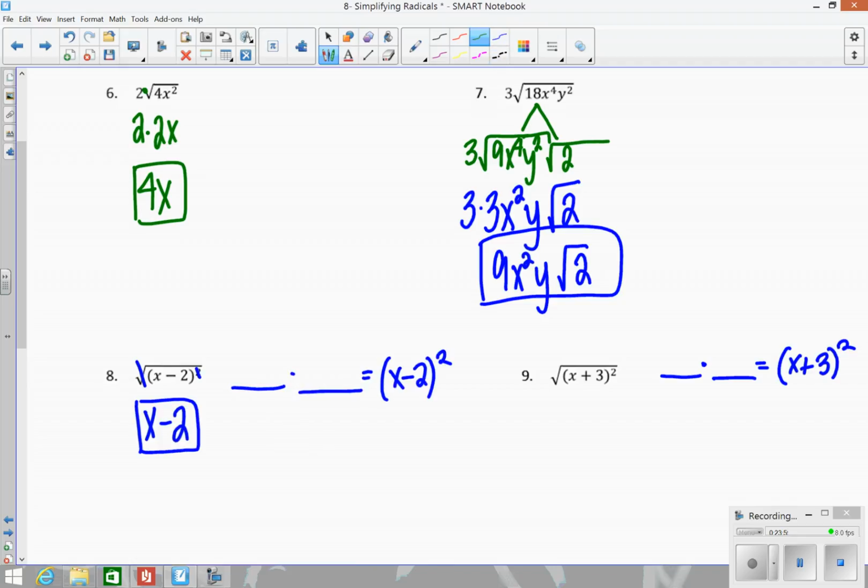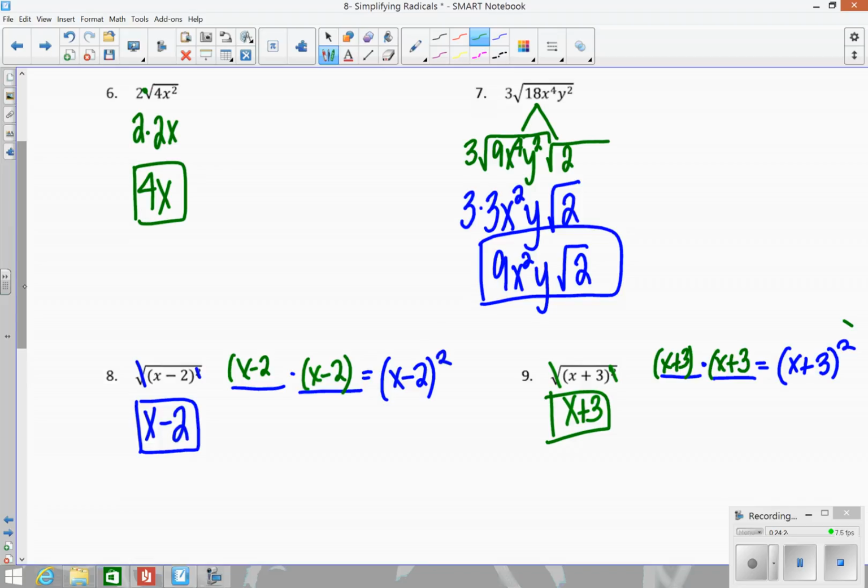Well, the answer to that would be x minus 2, x minus 2. The answer to this one would be x plus 3 times x plus 3. So that means the square root of this quantity is x plus 3. And again, think of it as like squaring and square rooting. They cancel each other out. They're opposites. So they undo each other.